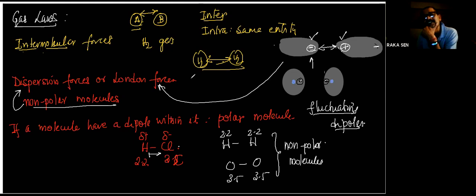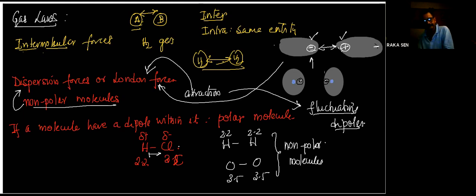So there will be an attraction between these two molecules due to fluctuating dipoles, and you will call them London forces. Clear?